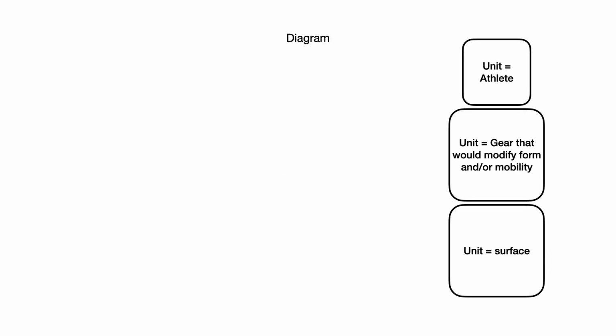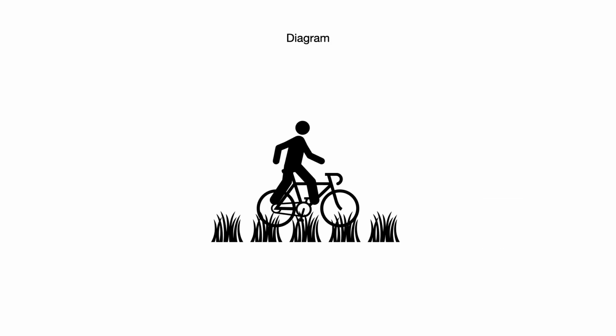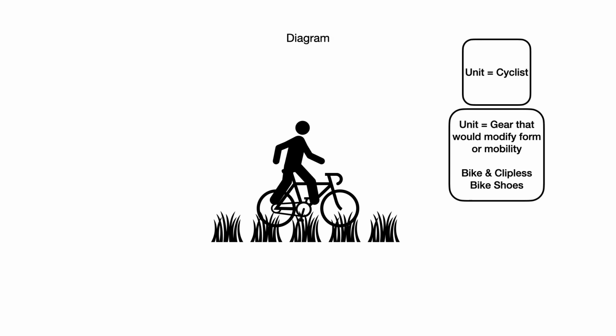So here are the athletic diagrams. And so when we do these, they are really supposed to be on the simple side. So here's a diagram, and we're just going to have 3 units. So we've got a cyclist, a bike, and grass. And so unit equals gear.